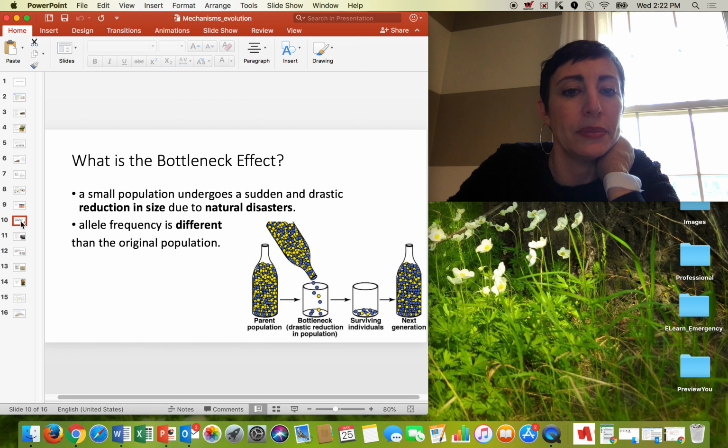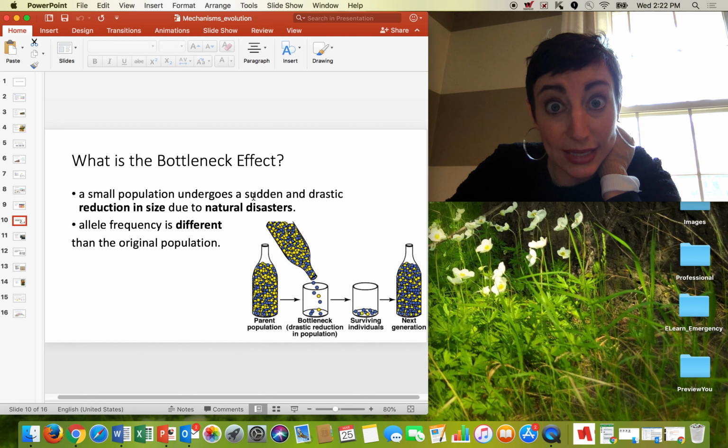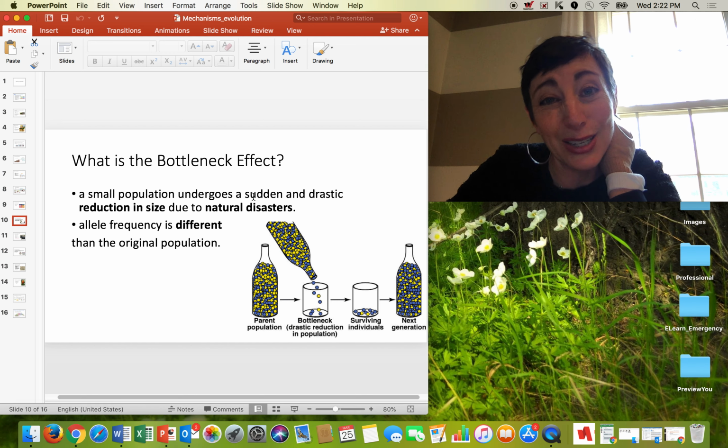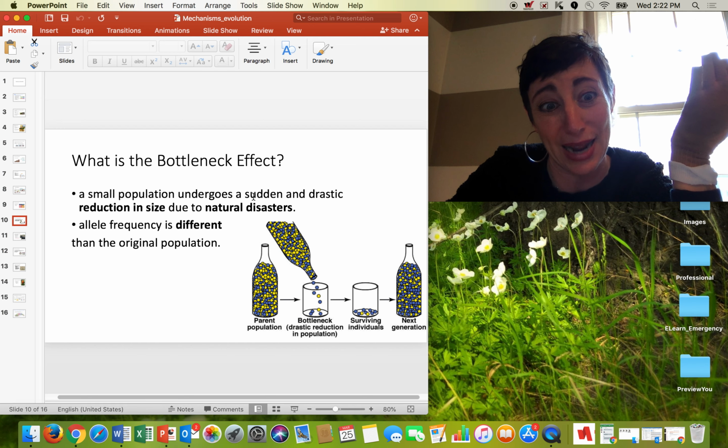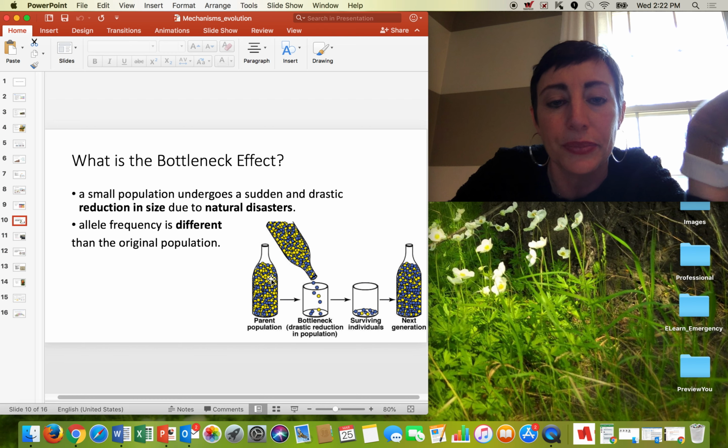Let's look at the first one. Bottleneck effect is, again, when a population undergoes a drastic reduction in size, and it's normally due to some kind of natural disaster. So if you look at this picture here, in this bottle, we've got blue and yellow organisms. So those are the alleles, blue and yellow.